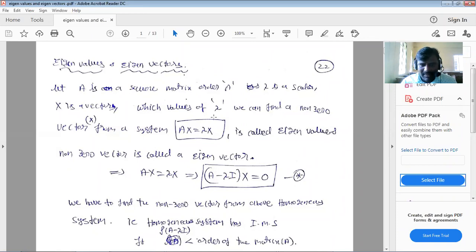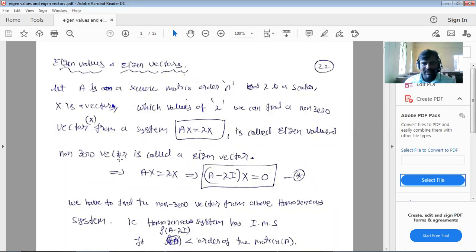Those values of lambda are called eigenvalues, and the corresponding x is called an eigenvector. That is the main definition. For A any square matrix, lambda a scalar, and x a vector, the values of lambda for which we can find a non-zero vector from Ax equals lambda x are called eigenvalues, and the corresponding non-zero vector is called an eigenvector of the given matrix A.